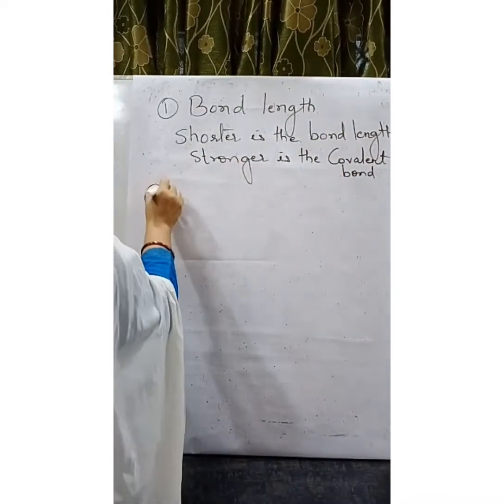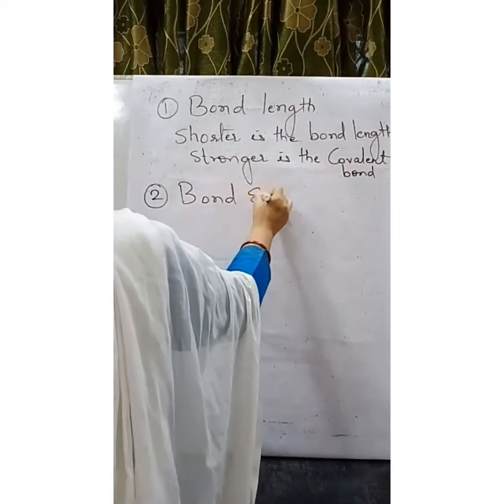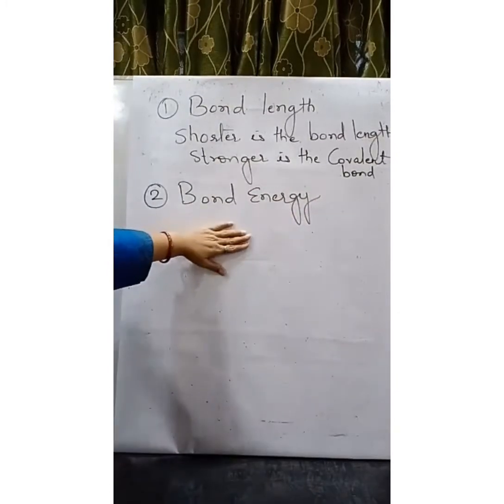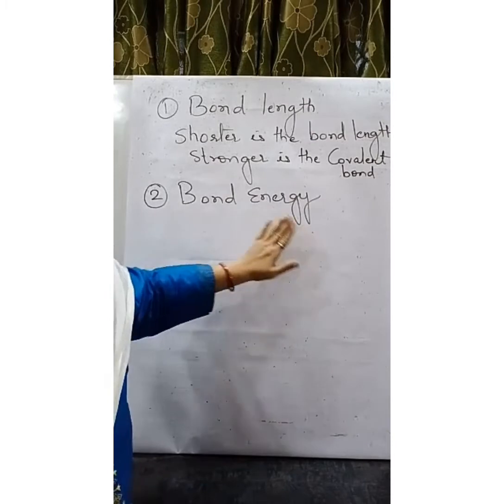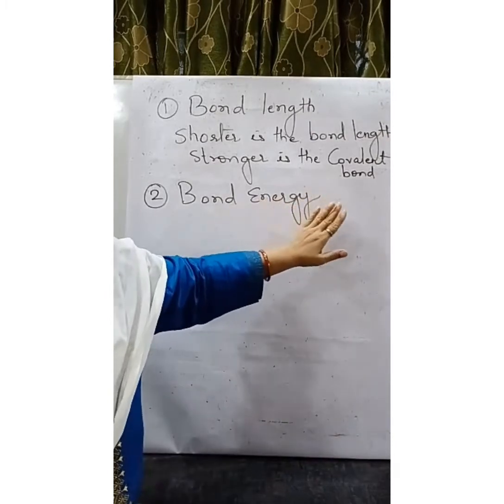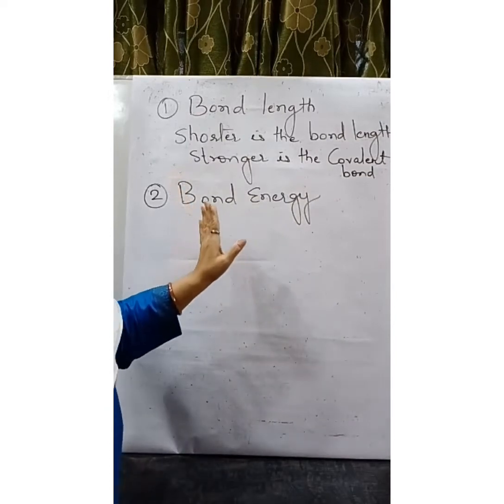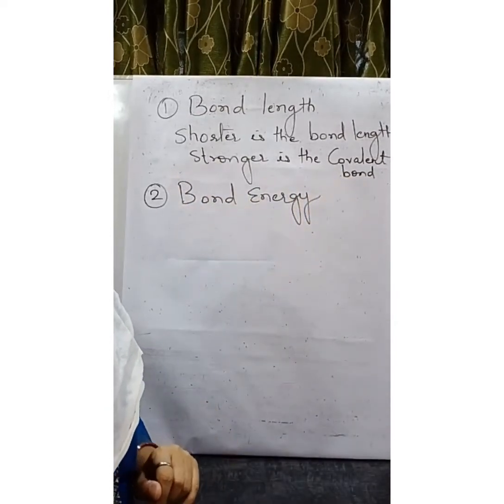The next bond parameter is bond energy. Now, how do we define this bond energy? It is defined as the amount of energy required to break the bond and separate the bonded atoms into gaseous state.